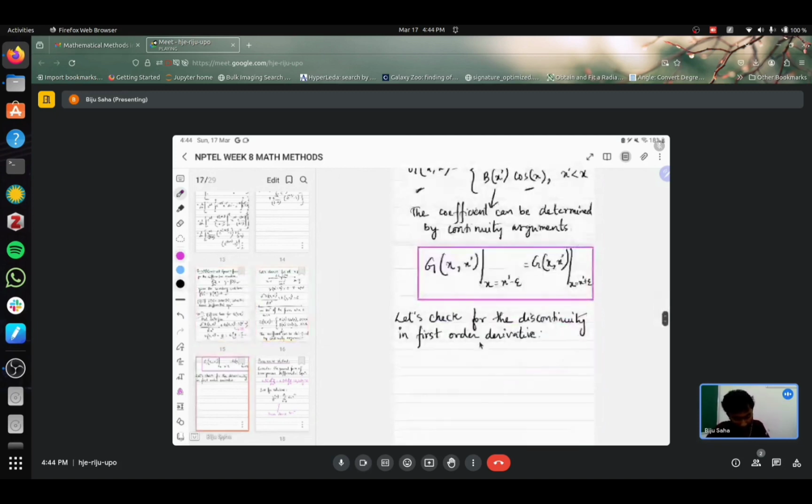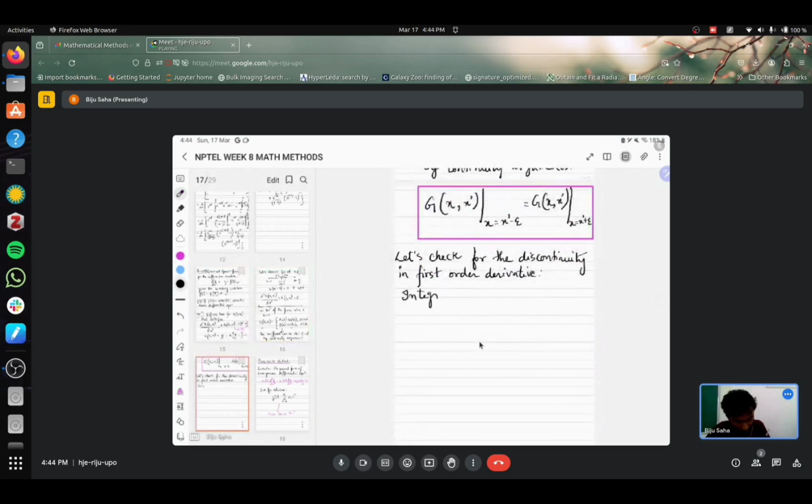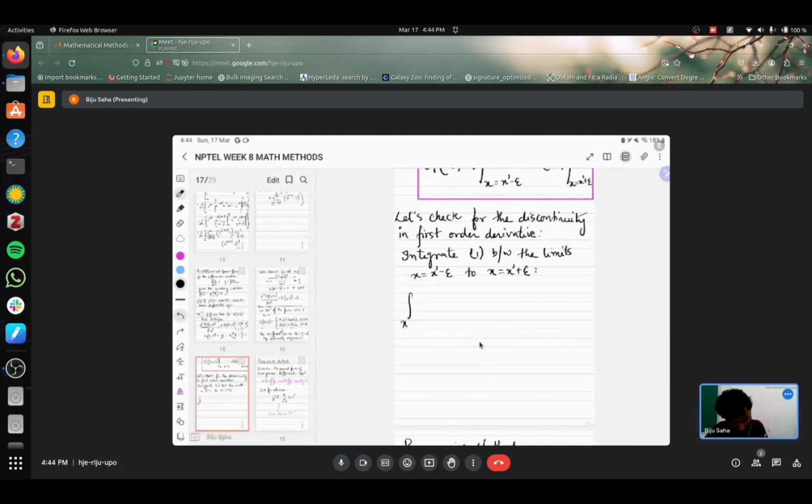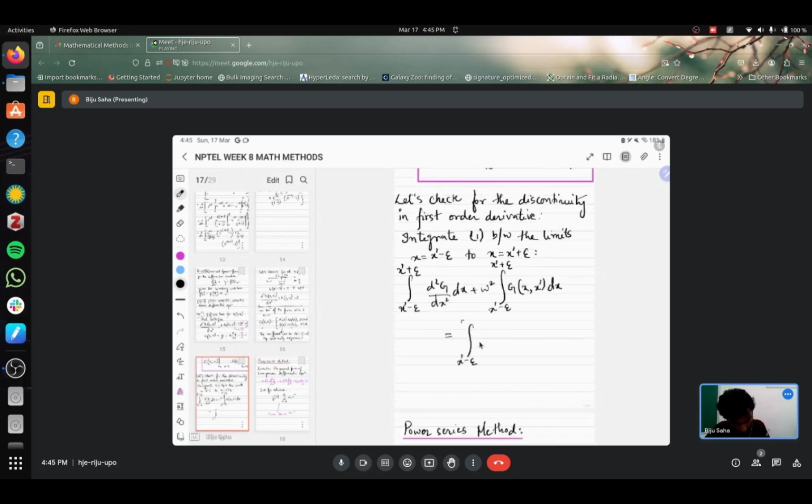So when we integrate once, we integrate between the limits x prime minus epsilon to x prime plus epsilon.